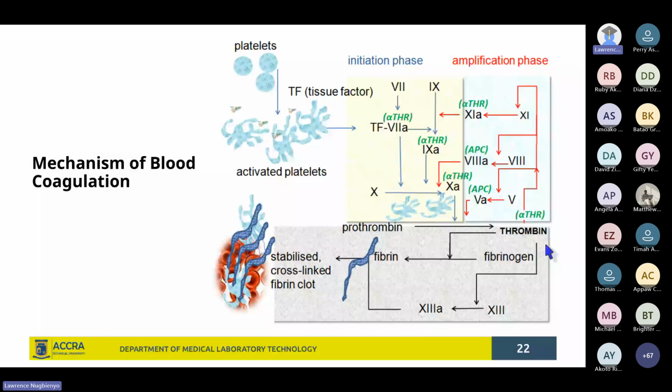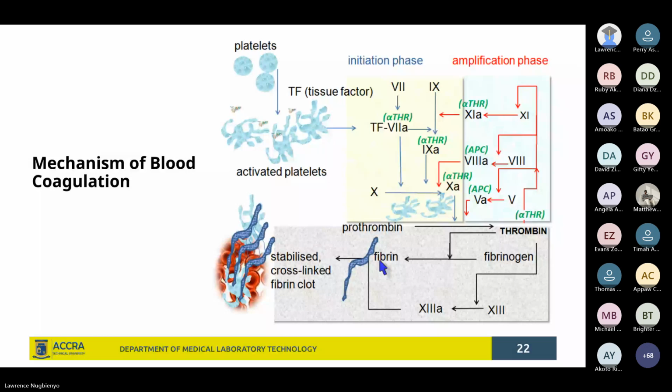And you can have the thrombin also going into the conversion of factor 13 to its active form. So factor 13 is inactive, and then it converts it to its active form, which will then also be acting directly on the stabilization of the fibrin.